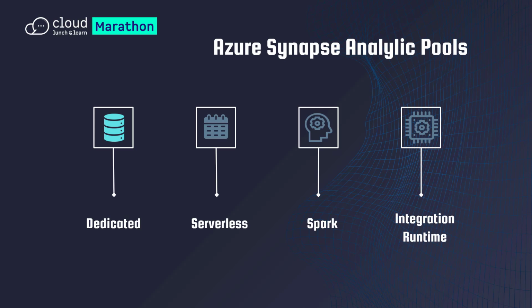And each of these 4 elements represents a different compute or a different server area where you are going to be working for specific tasks. The first is the dedicated pool. This is the version that most people think of when they think of Azure Synapse, because the dedicated pool is the successor to an Azure SQL database.